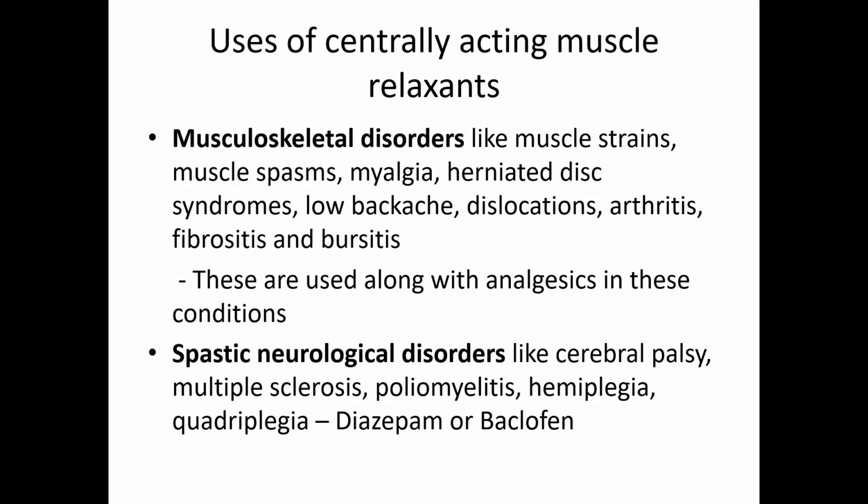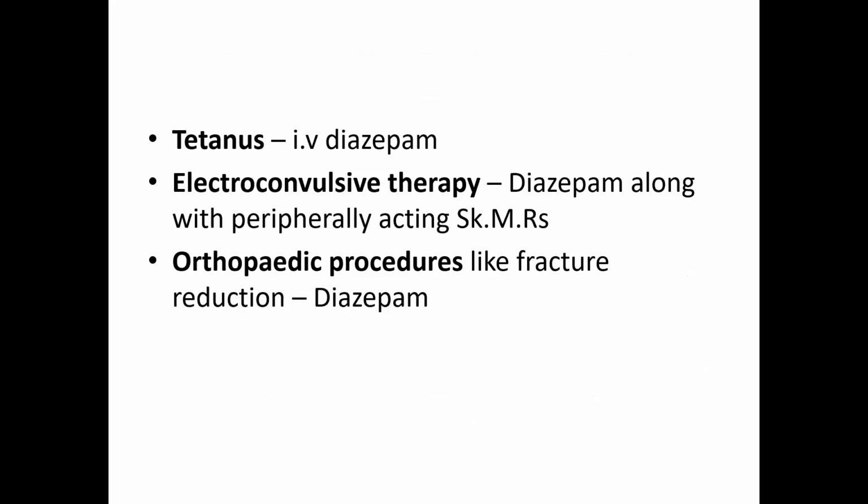And the second use is in spastic neurological disorders like cerebral palsy, multiple sclerosis, poliomyelitis, and hemiplegia and quadriplegia. So preferably diazepam or baclofen is used in these disorders. And these centrally acting skeletal muscle relaxants are used to treat tetanus, especially diazepam, by the intravenous route.